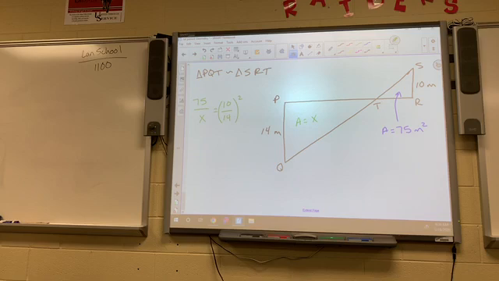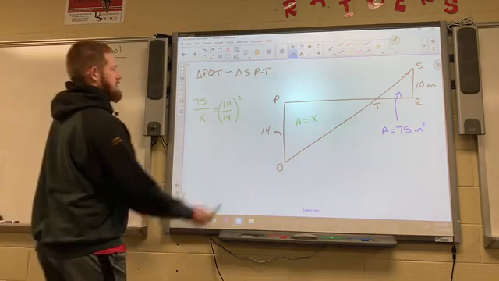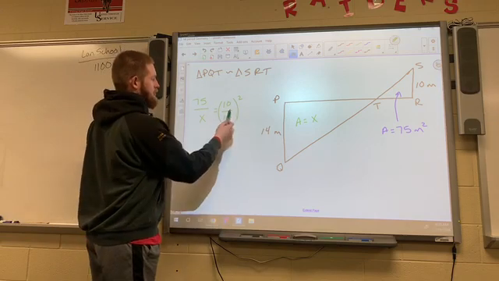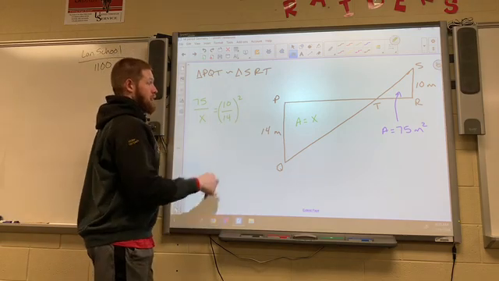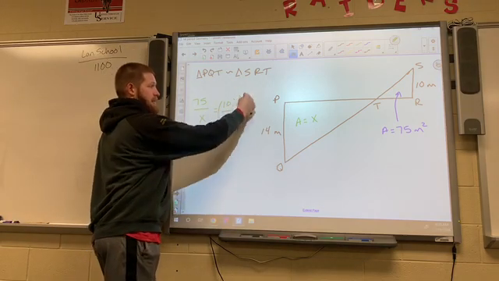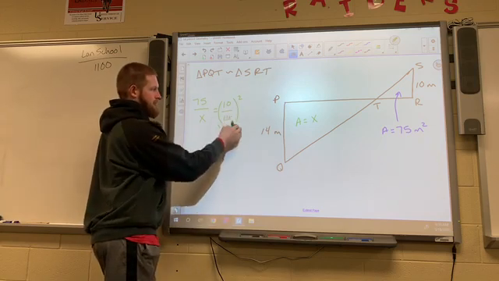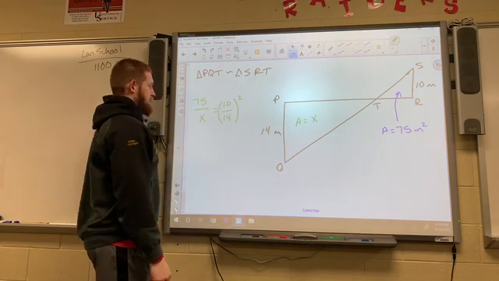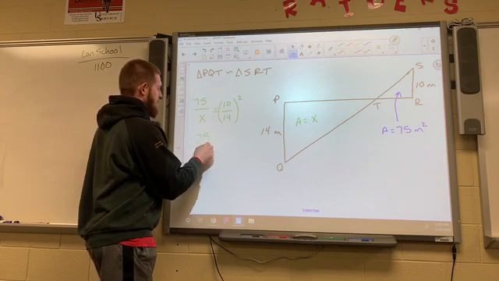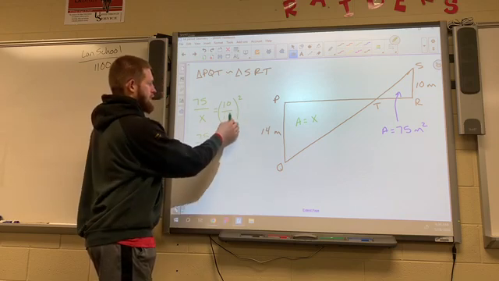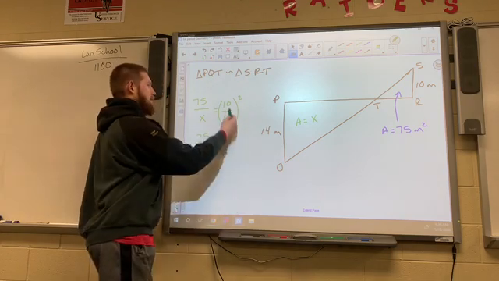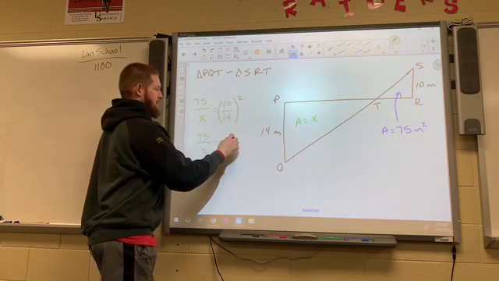Okay. Now they don't show you to do this in your book, but I would recommend, notice this is in parentheses, so you can do order of operations, parentheses first, and then exponent. So let's reduce this fraction just to make it smaller. So I have 75 over x. I reduce this by dividing them both by 2 to 5 over 7.